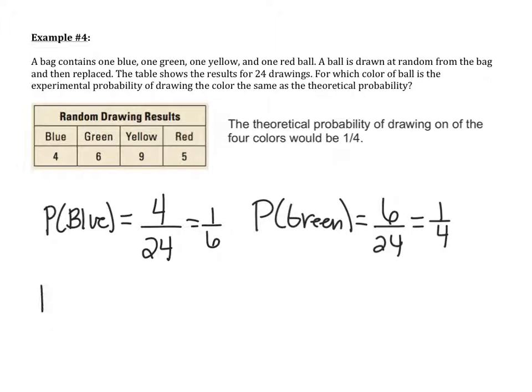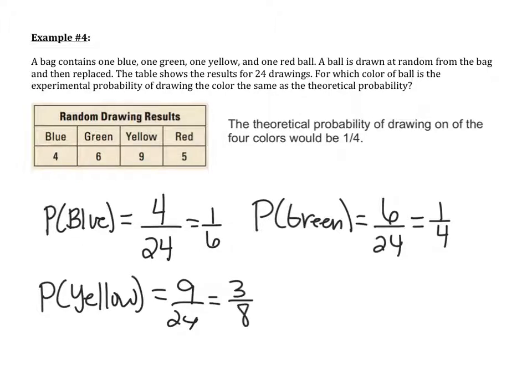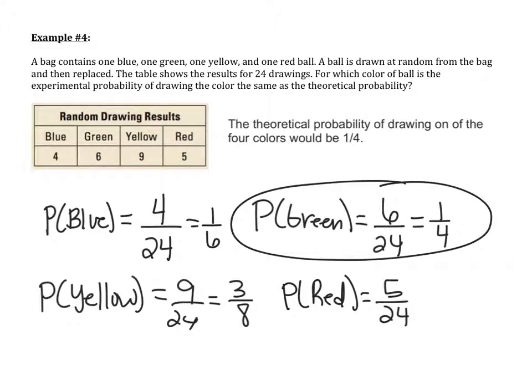So the probability that I get a yellow ball was 9 over 24, which in lowest terms is 3 over 8. And finally, the probability that you drew a red ball would be 5 over 24, which is in lowest terms. So again, our question was, for which color of ball is the experimental probability of drawing the color the same as the theoretical probability? Would be for the green ball, since both of them are equal to 1/4.